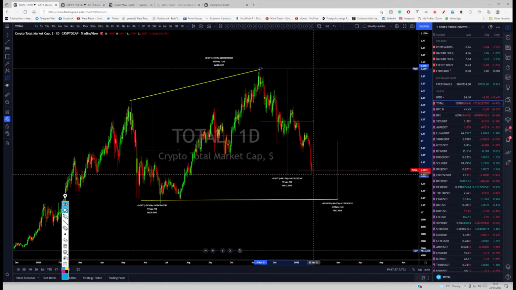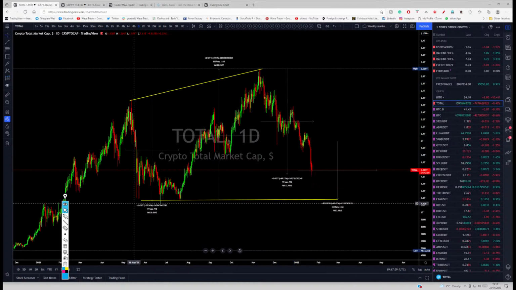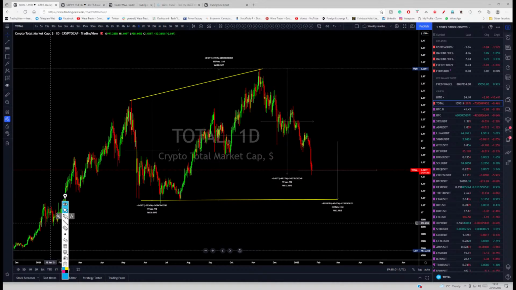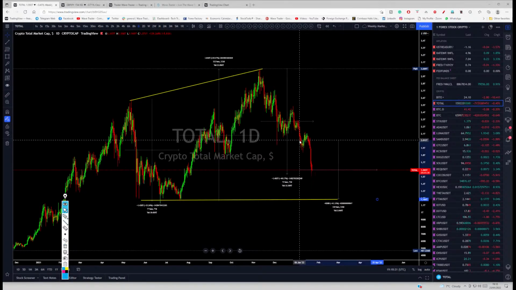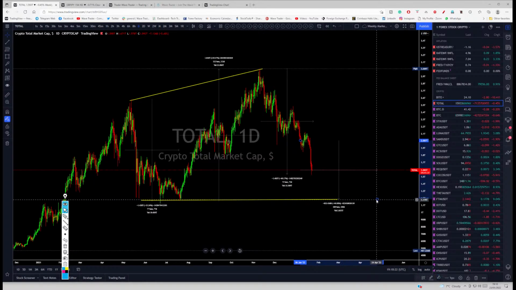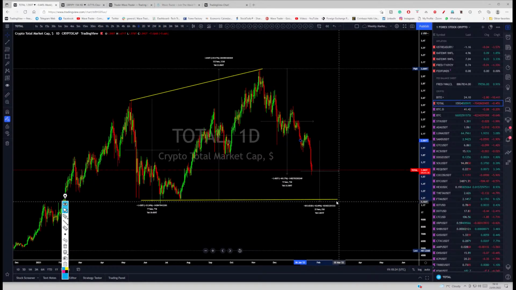It has dropped almost 1.43 trillion. It dropped from 3 to 1.49. As I have shown you on the BTC, BTC is about to test that low, so it still can drop. Last time when I was showing this, I was expecting it to drop another 800 billion.